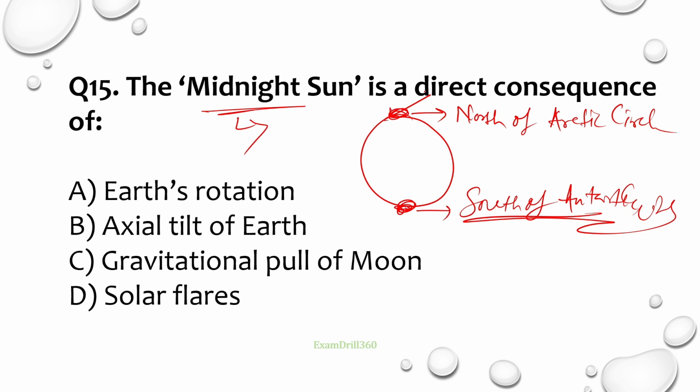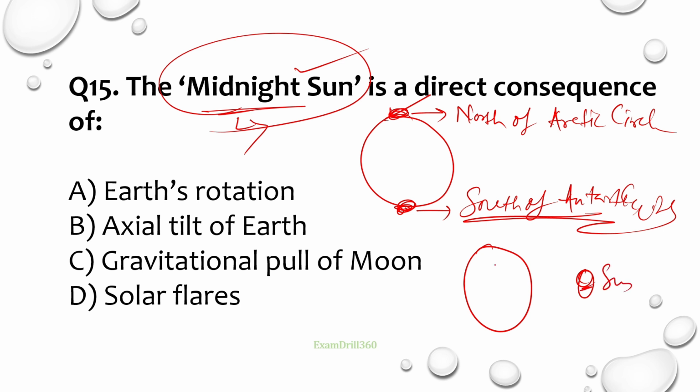So in these two regions, when consecutive 24-hour periods of sunlight occur, this is termed as midnight sun. Clear? And this tilt causes polar regions to lean towards the sun during summer months, resulting in a prolonged period of 24-hour daylight, while the opposite hemisphere gets winter darkness.